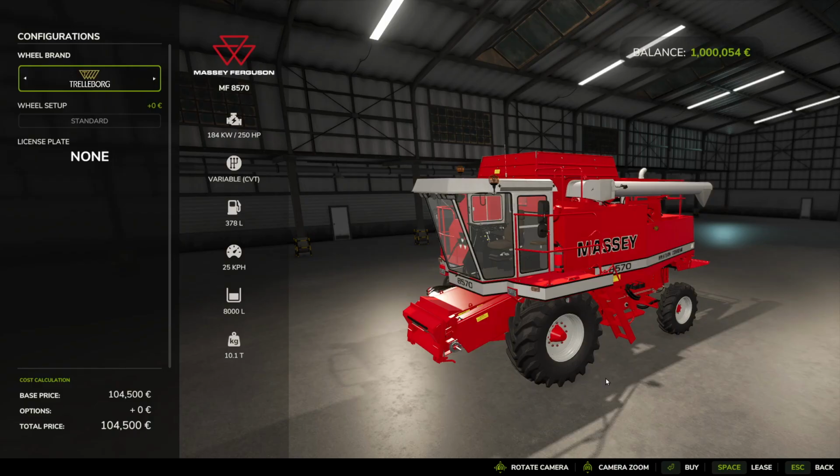And I thought, okay, I should rent the cheapest combine that is possible. And I did it. And then in the end, I saw how much money I earned from the field, and it was less than I had to pay for the rent for the combine. And it was the smallest and cheapest.